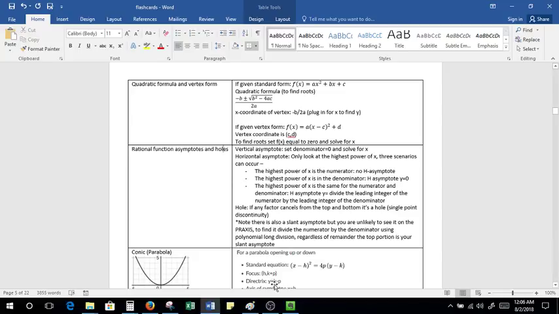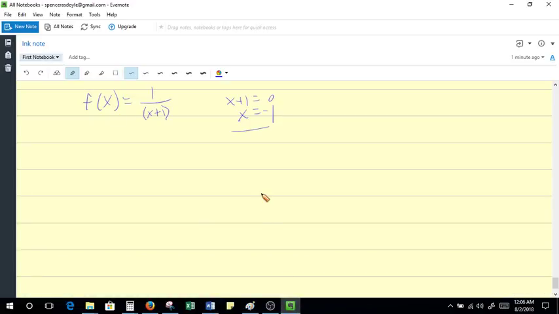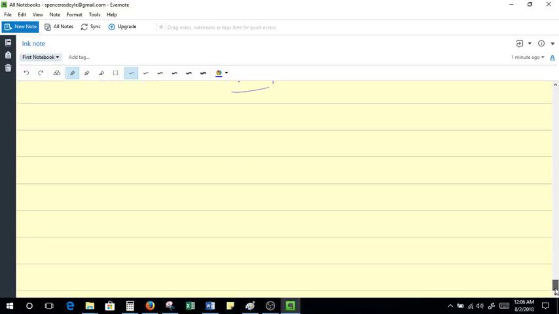So let's see if we can create scenarios where that might happen. Alright, so let's go down a little bit here so we're not looking at the previous work. If we have f of x is equal to 2x squared plus x plus 1 all over 3x squared.